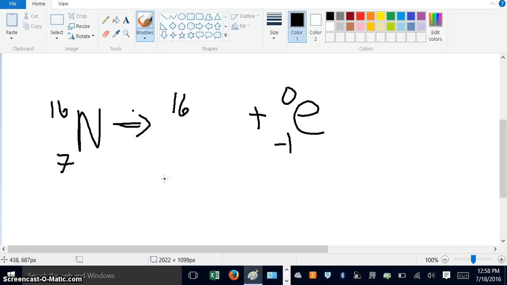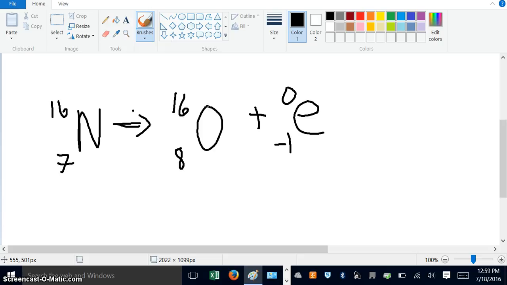So it's going to be element 8, because 8 minus 1 is going to give us 7, and element 8, of course, is oxygen. If you didn't know that, you just look that up on the periodic table.